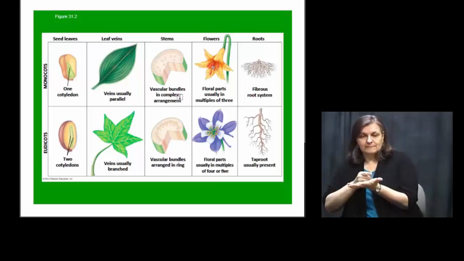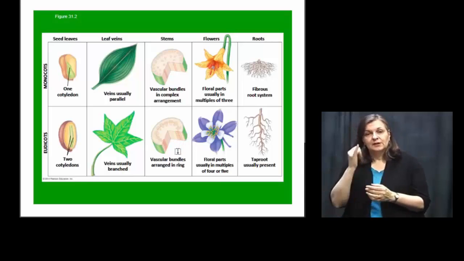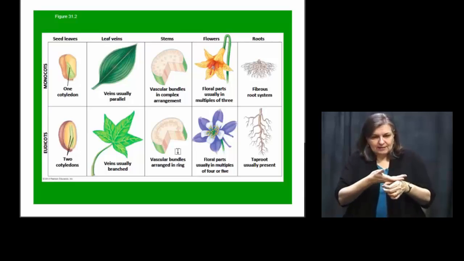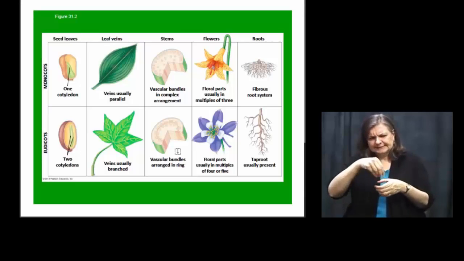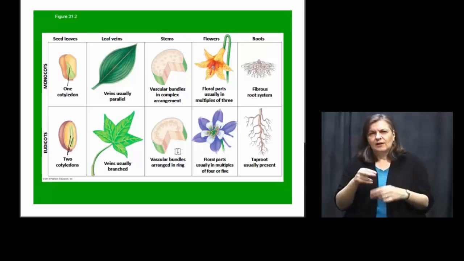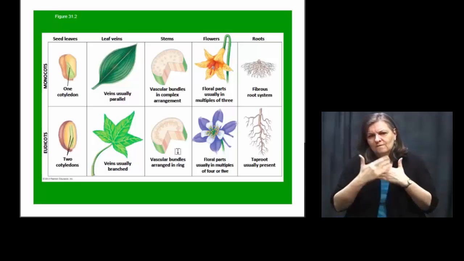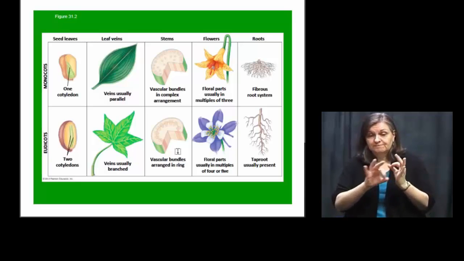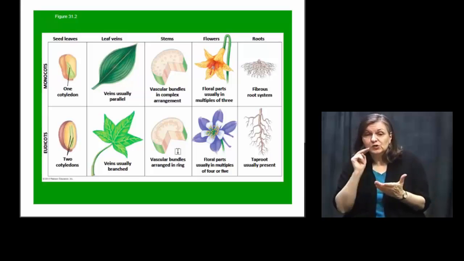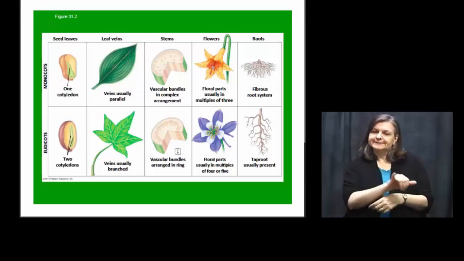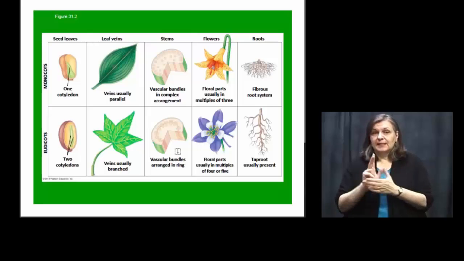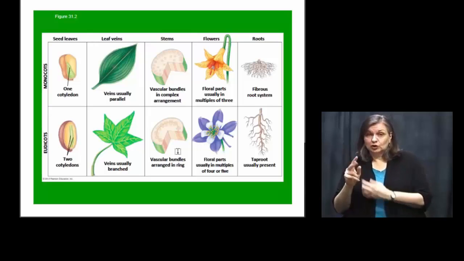If we look at a cross-section of the stem, so if you cut down this plant across its stem, what would it look like on the inside? We focus on things called vascular bundles. In you, your vascular tissue is cardiovascular, so transporting blood around your body, carrying nutrients and waste. The vascular tissue has the same function in plants, it just doesn't have blood.